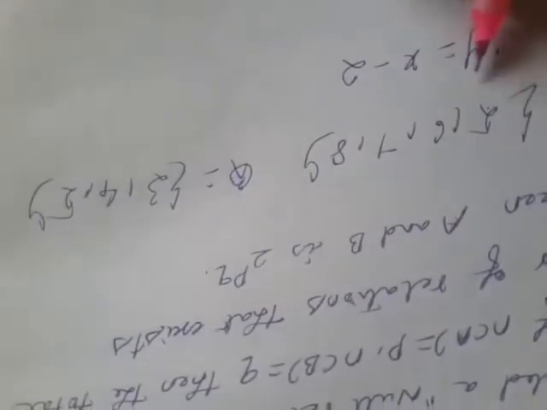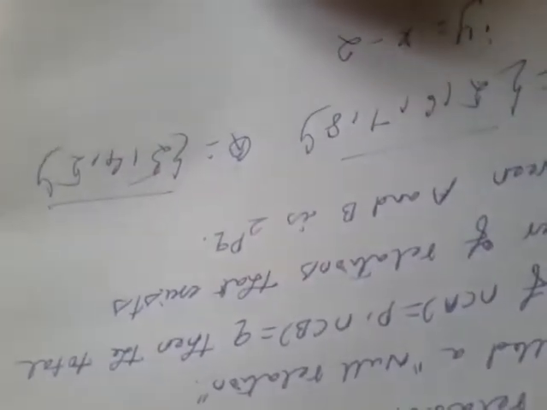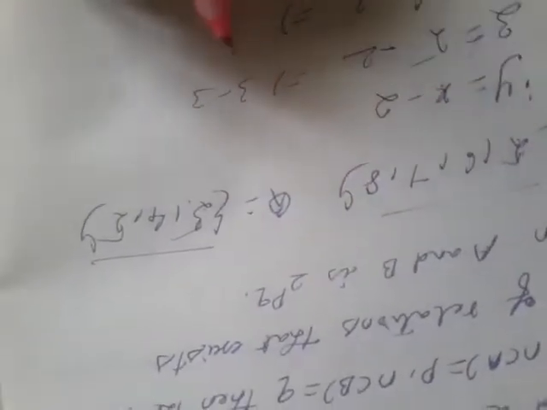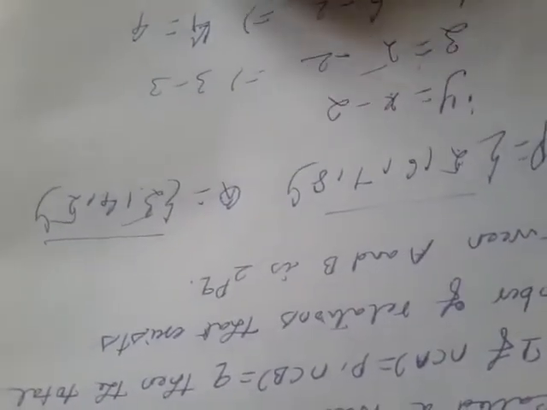For y equal to 3, x is 5, and 5 minus 2 is 3. Next, 6 minus 2 equals 4. The next one, 7 minus 2 equals 5.